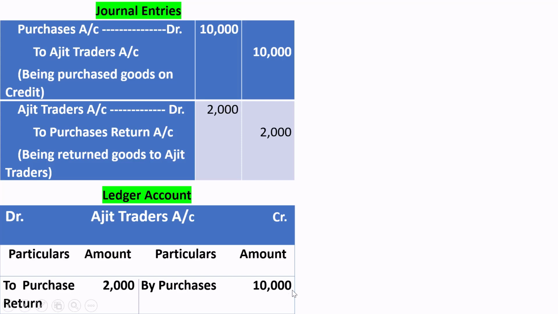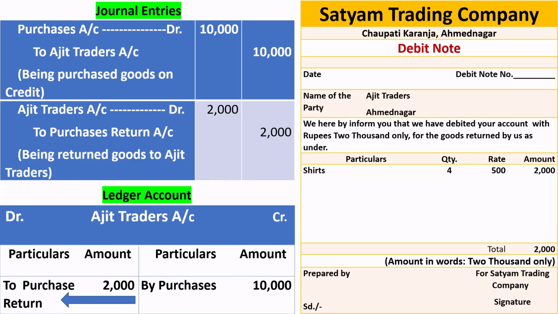Now suppose you are a businessman, Satyam Trading Company, and we have purchased goods of rupees 10,000 from Ajit Traders, and now we are returning goods to Ajit Traders. So we have to mention, we hereby inform you that we have debited your account. Check it on the debit side.